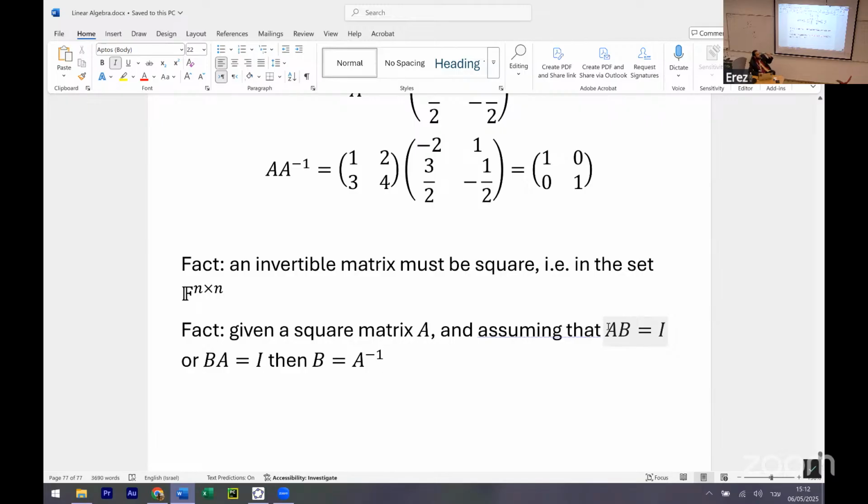I tell you A times B is I. Only one side. Does that mean that B must be the inverse of A? In general, the answer is not. It's true for square matrices.